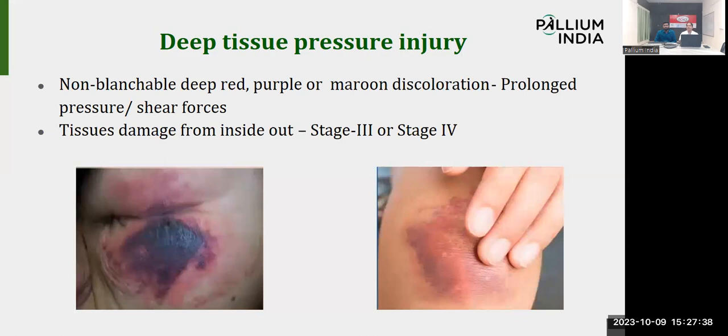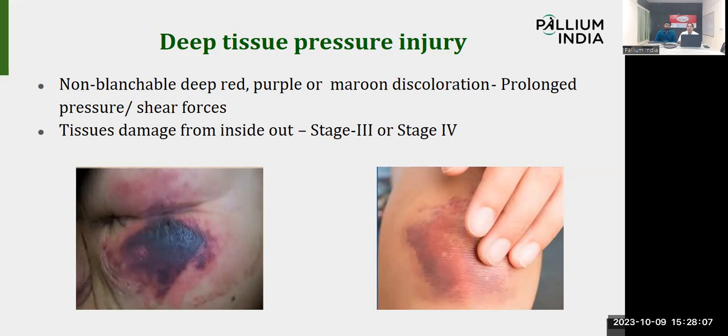This shows that the patient has developed a pressure sore, and because nobody has touched that patient, the skin is not removed from that place, so it is retained. When we check the depth from inside to out, it will be a stage 3 or stage 4 pressure ulcer, right?